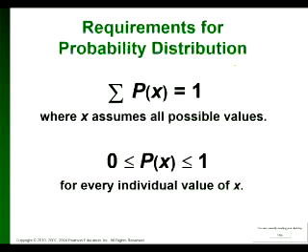The other requirement is that each individual probability has to be between 0 and 1, inclusive, because if each value in the right-hand column is not a number between 0 and 1 inclusive, then it can't be a probability. That was our definition of probability.